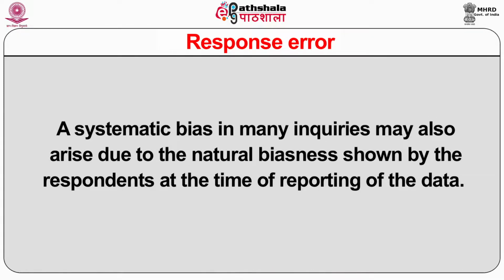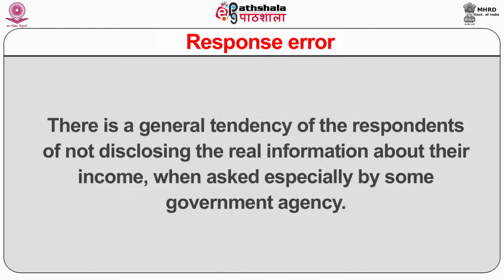A systematic bias in many inquiries may also arise due to the natural bias shown by the respondents at the time of reporting the data. There is generally a tendency of the respondents not to disclose the real information about their income when asked, especially by some government agency.